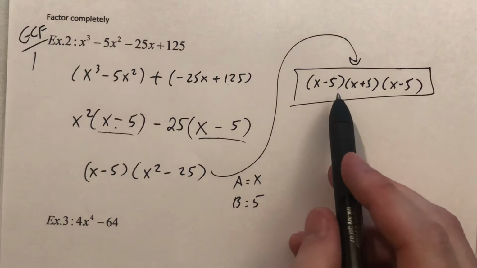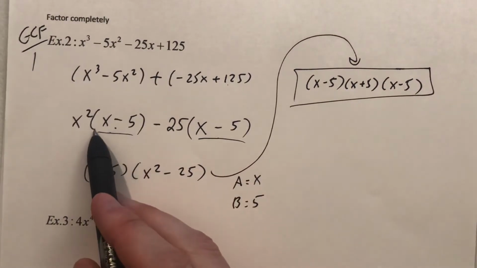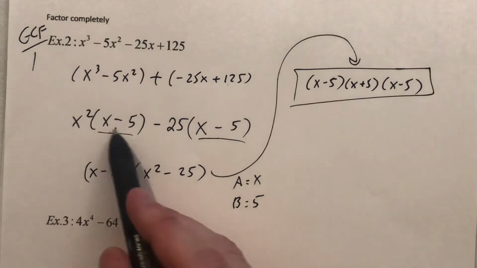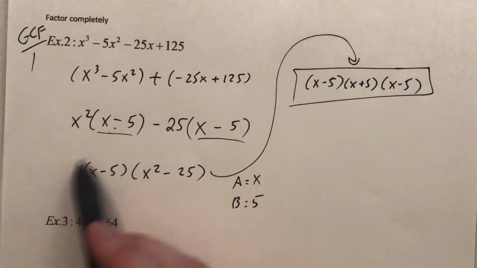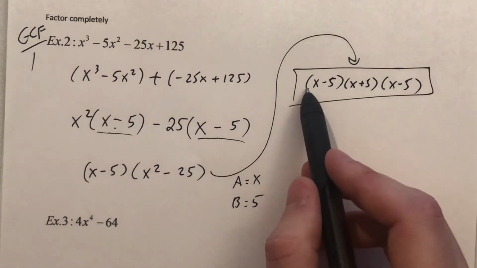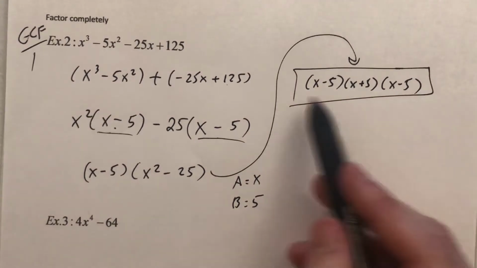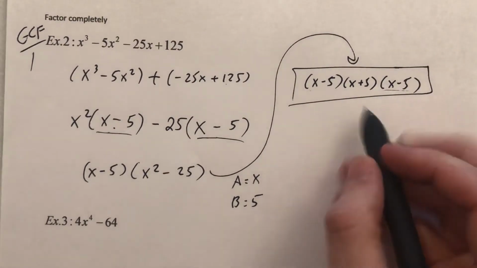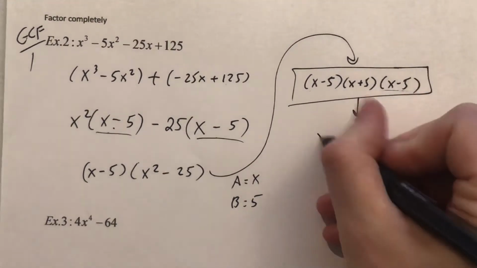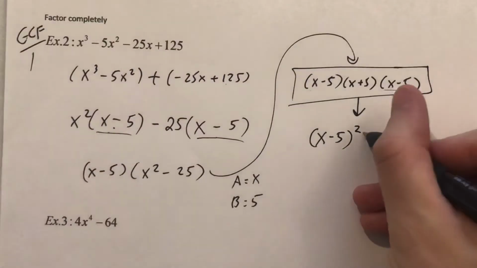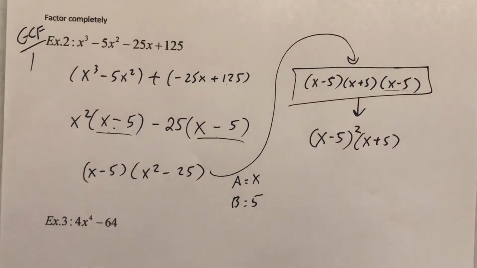A little different thing here, and I don't want it to confuse you with over here. This grouping method, whenever you do grouping and those match, you factor it out as a GCF. That's why those 2 x minus 5s become 1. But a little quick notation reminder, this is something times something times something. It's in fully factored form, but you've got 2 of the same thing. At this point, if you wanted, you could call this x minus 5 squared, and then the x plus 5.